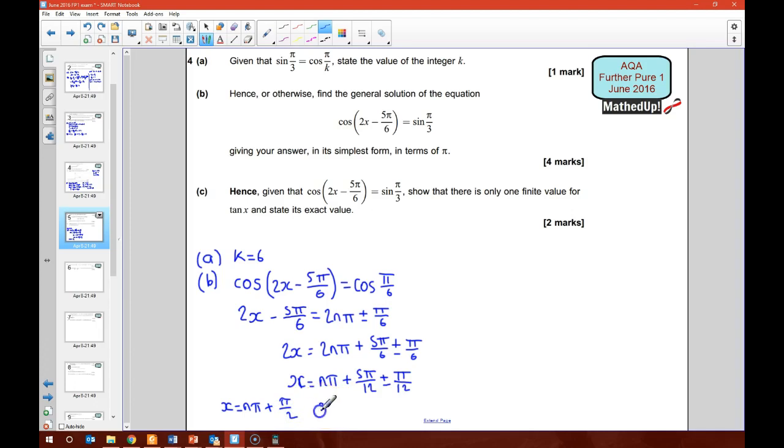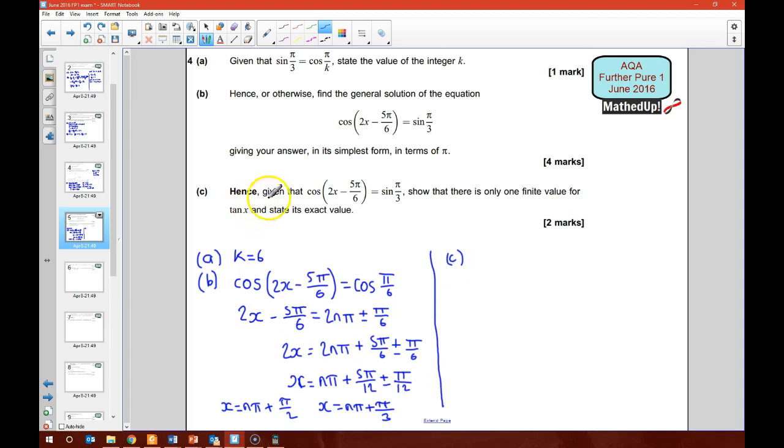And I've got another solution where x is equal to n pi plus, and then this time we're going to do 5 pi over 12, take away pi over 12, which is 4 pi over 12, which is the same as pi over 3. Okay, so there's my two solutions, n pi plus pi over 2 and n pi plus pi over 3.